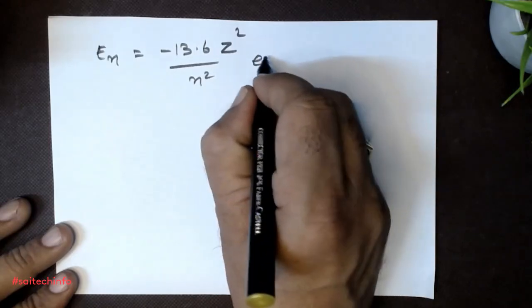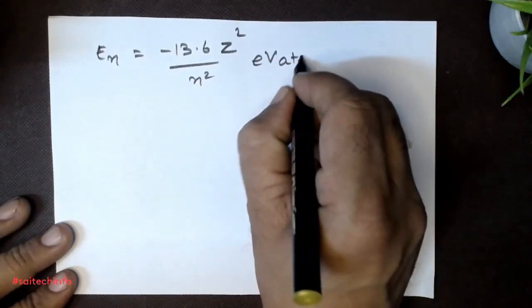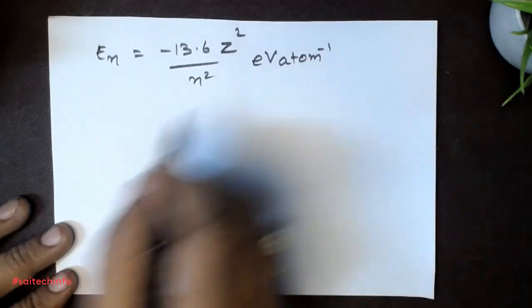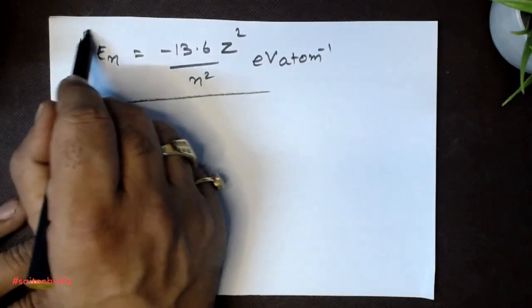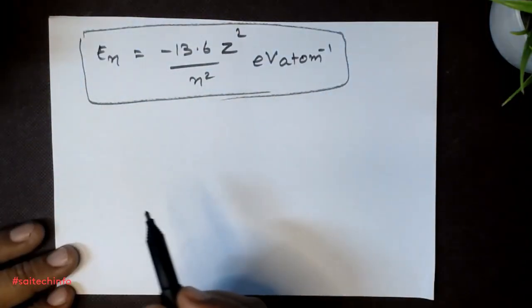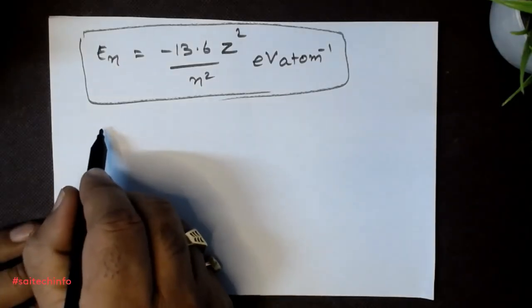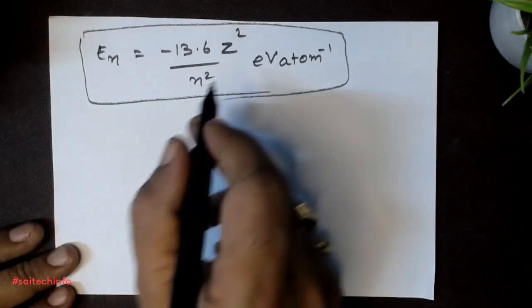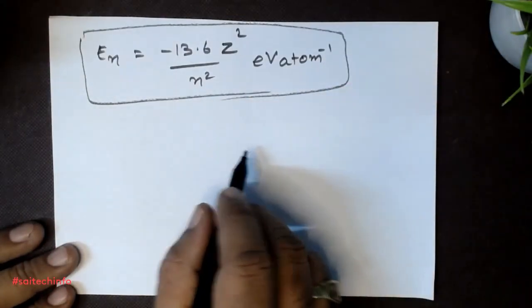The energy of an electron revolving in the nth orbit is given by minus 13.6 into Z squared divided by n squared in terms of electron volt per atom. So this is another important formula you must remember. And now we can convert this into kilojoule per mole also.